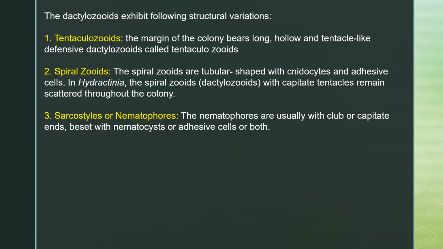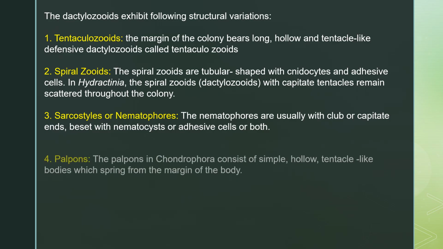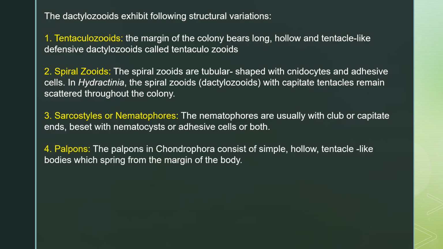The nematophores are usually with club or capitate ends beset with nematocysts or adhesive cells or both. Palpons in some forms like Chondrophora consist of simple hollow tentacle-like bodies which spring from the margin of the body.